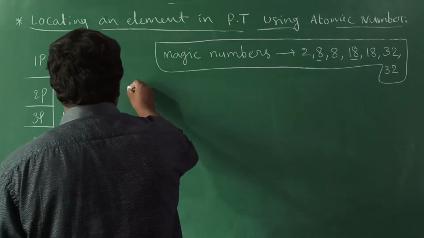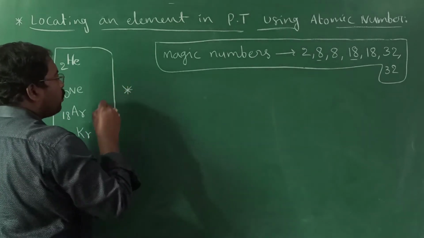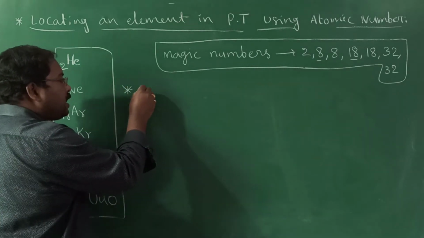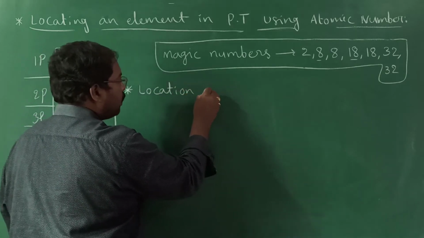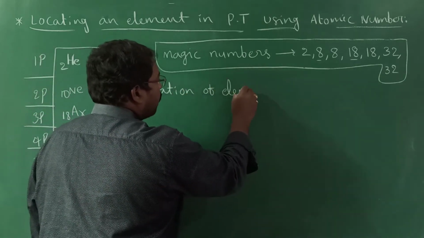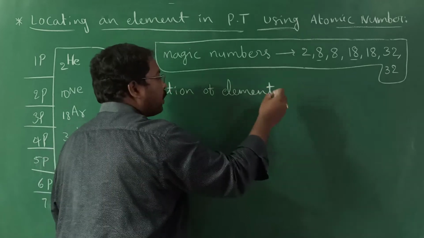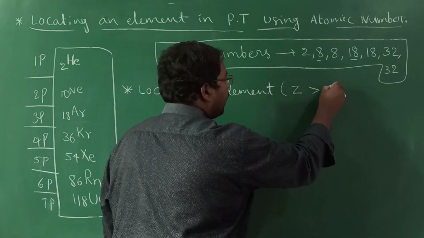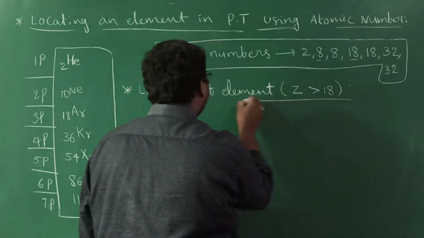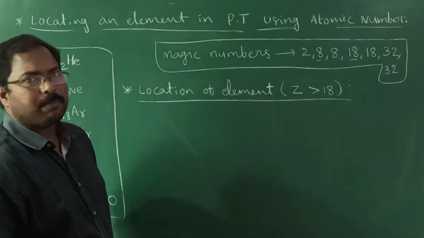So let us discuss the rule regarding the location of an element with atomic number greater than 18. Because below 18, all of you know the position of the group.